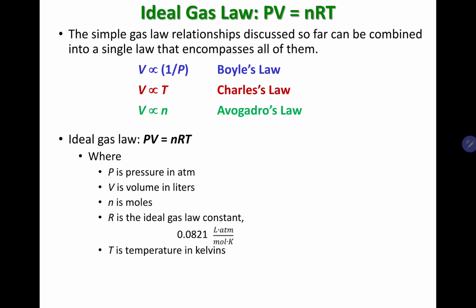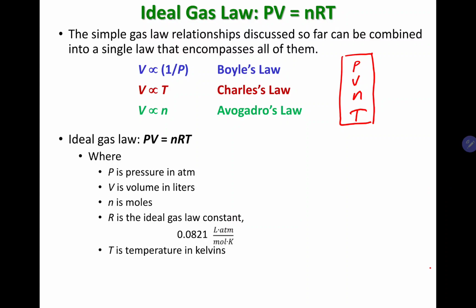But in the ideal gas law you don't have to keep two of the four factors constant. If you know three of these four properties of a gas, you can figure out the unknown.